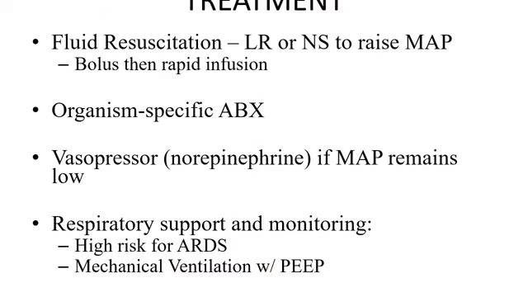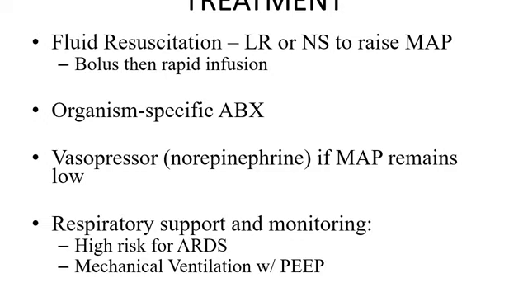So we have fluid resuscitation, a bolus, usually 30 milliliters per kilogram, to raise the mean arterial pressure, and then a rapid infusion, anywhere from 500 to 1,000 per hour. So it's a massive fluid resuscitation to bring that circulating blood volume back, because we're having all that capillary leak because of the SIRS response.